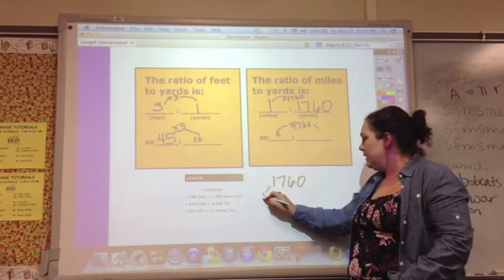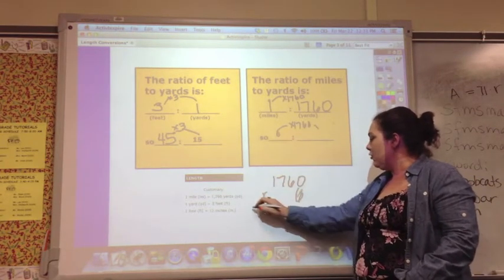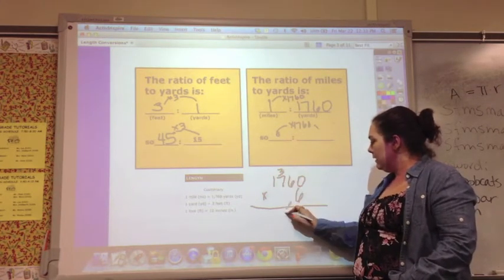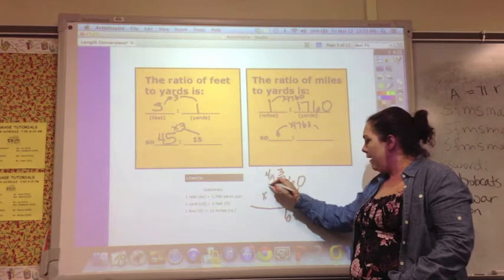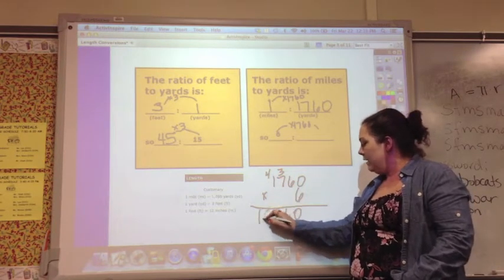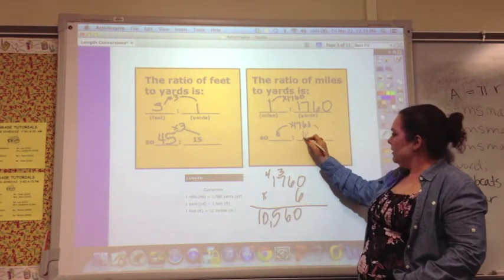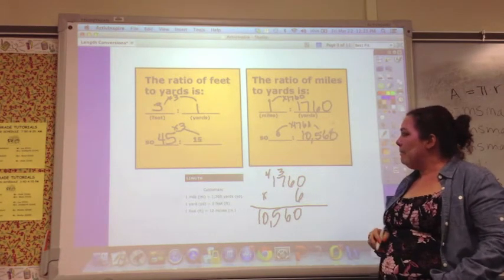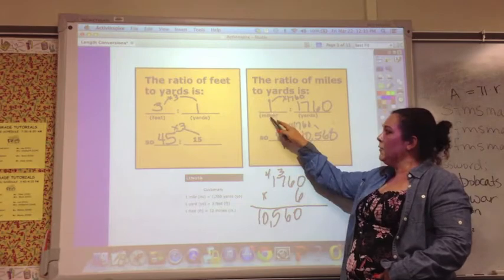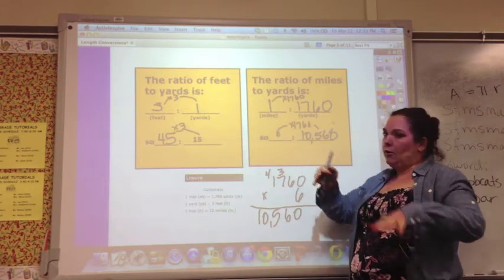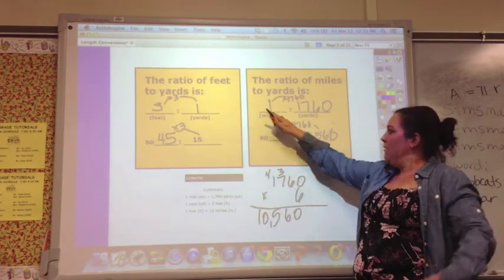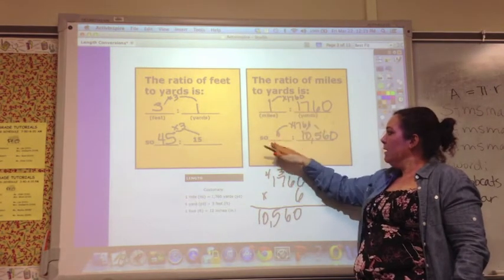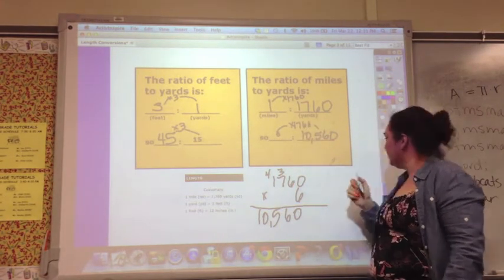So I have to go 1760 times 6. Make sure that the right number's there. And I get 10,560. And of course that makes sense because miles is a bigger dimension, and there's fewer of them. Yards, there's more of them, so this is going to get bigger.